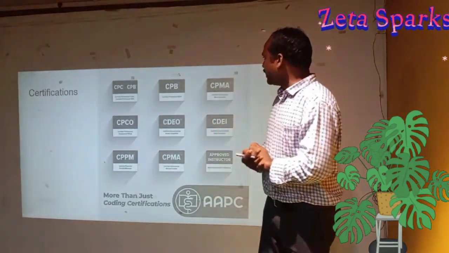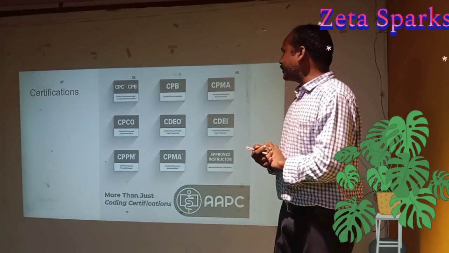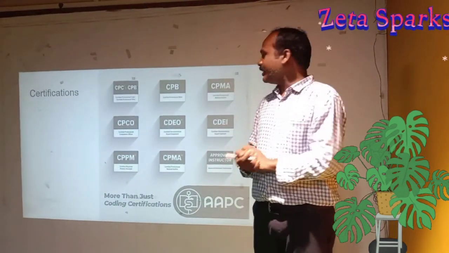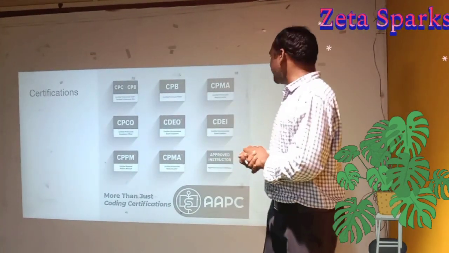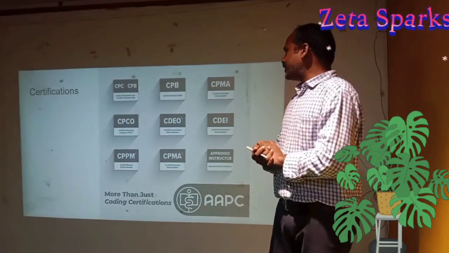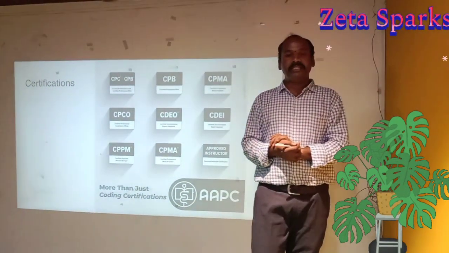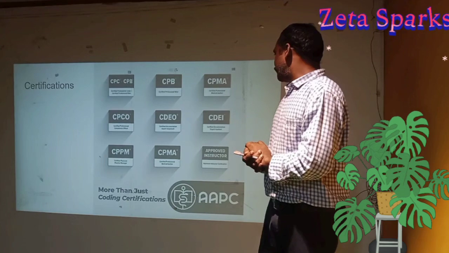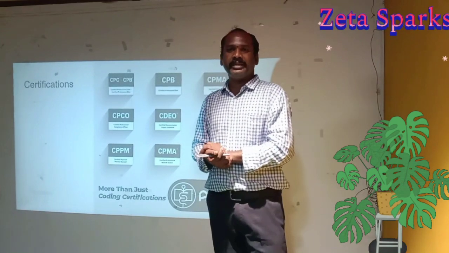Apart from this, CPPM is the next criterion, and CPMA is for the auditor position, CPCO is the position for manager or team lead, CDEO is for outsourcing projects, CDEI is for inpatient coding, and CPPMA is a certified physician practice manager, which is reserved for surgeons, and CPMA is a medical auditor and auditor approved instructor. All those certifications are eligible for medical coding.